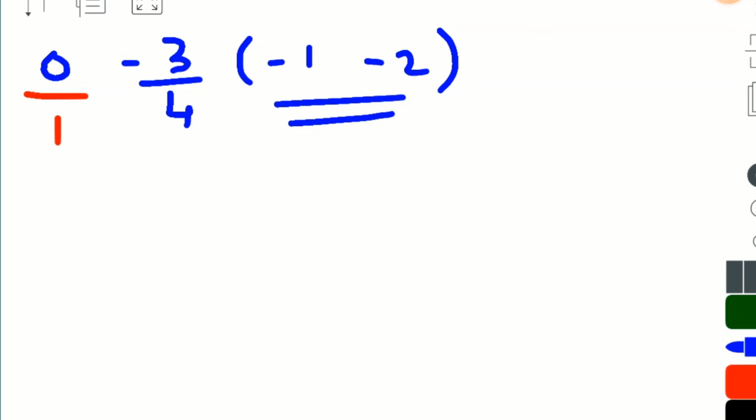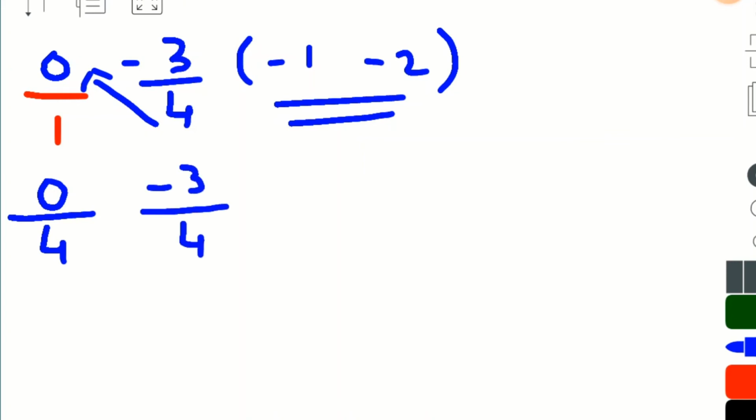So here also now denominators are not same. We will cross multiply. 0 4s are 0 and 1 4s are 4. Minus 3 1s are minus 3 and 4 1s are 4. Now the denominators are same, but between 0 and minus 3 only minus 1 and minus 2 is there. So we will increase this fraction by 2, both the fractions.